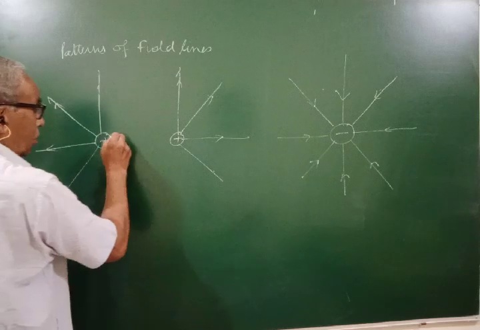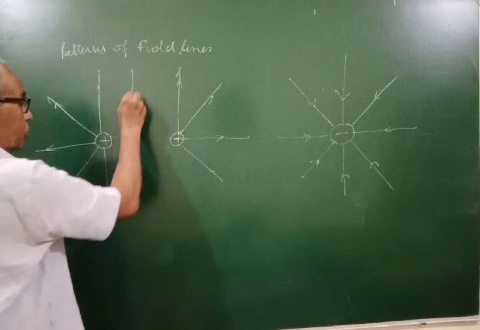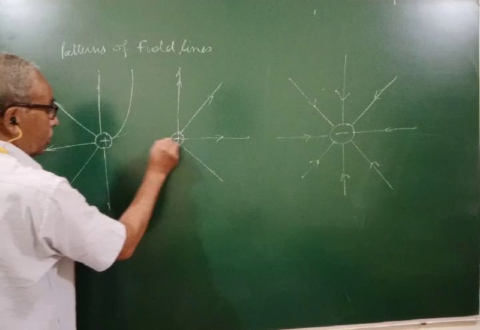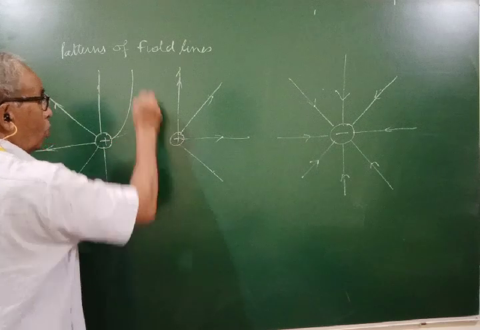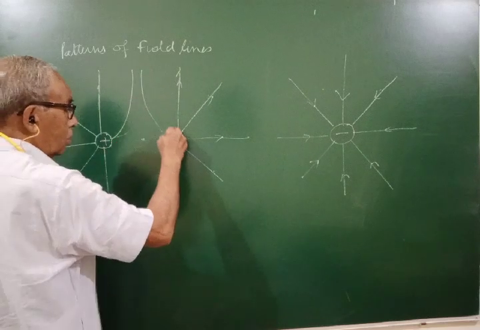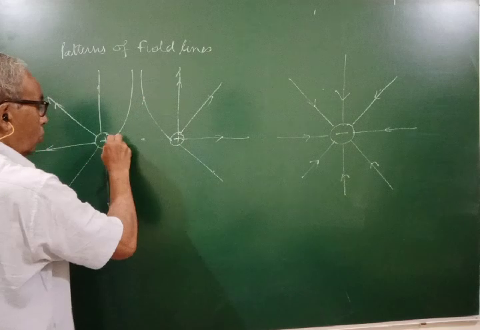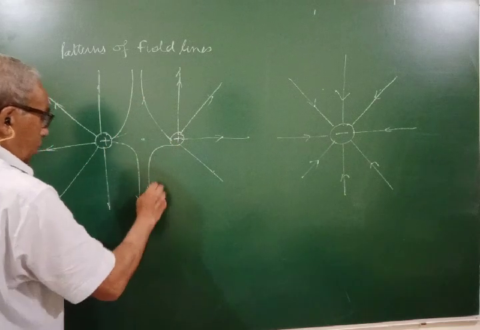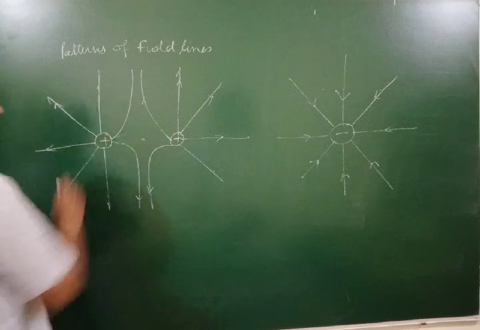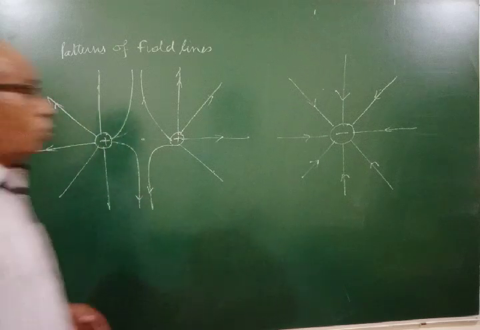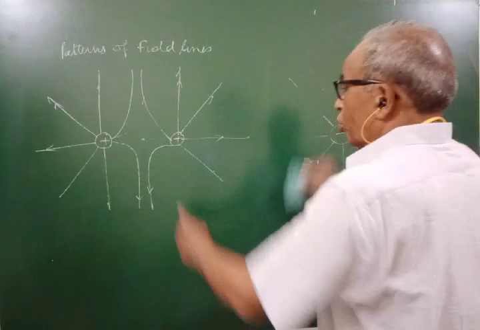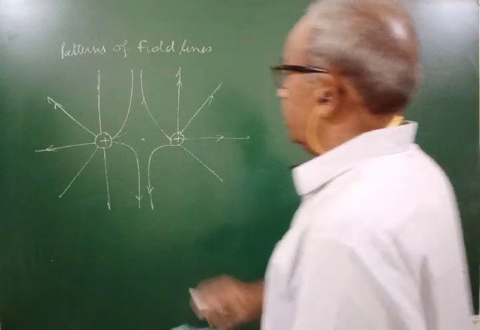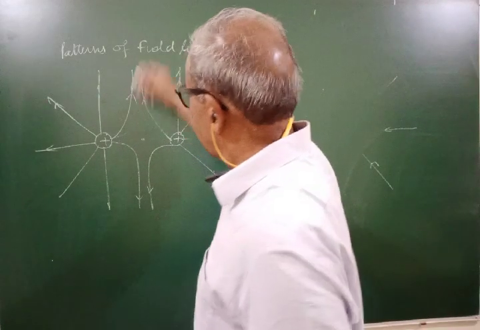But here, the pattern will go like this, because here field will be 0. Pattern of field lines like this. So these are electric field patterns due to two equal and like charges. If both are negative, only the direction of the arrow will change.